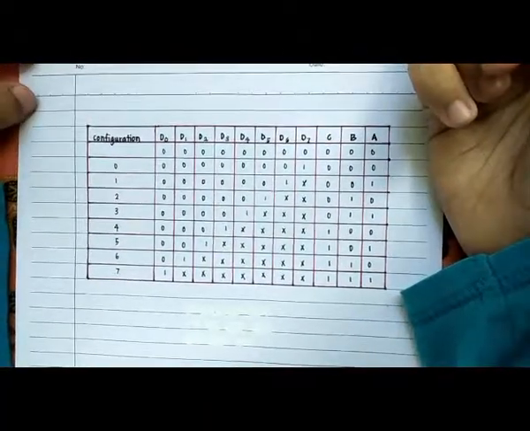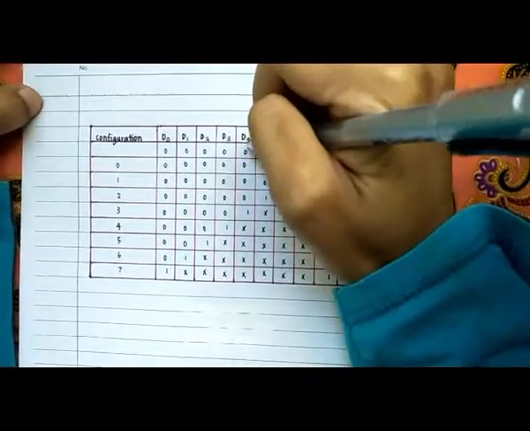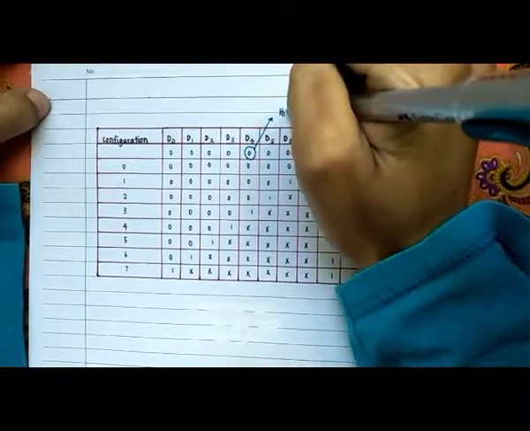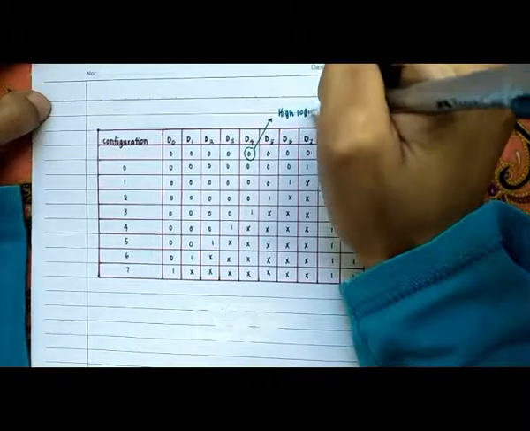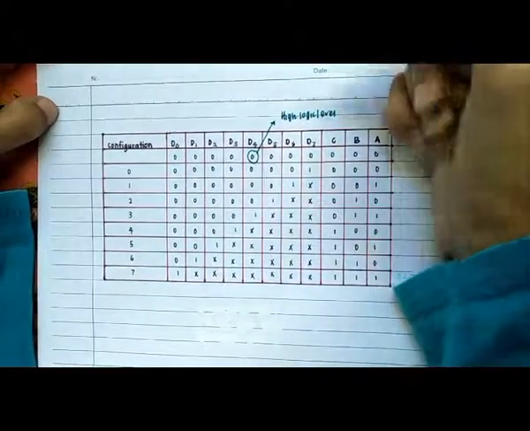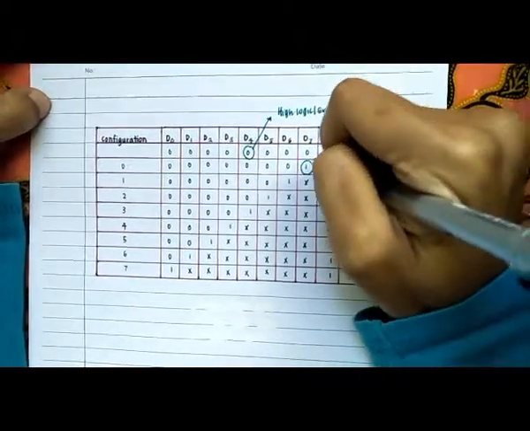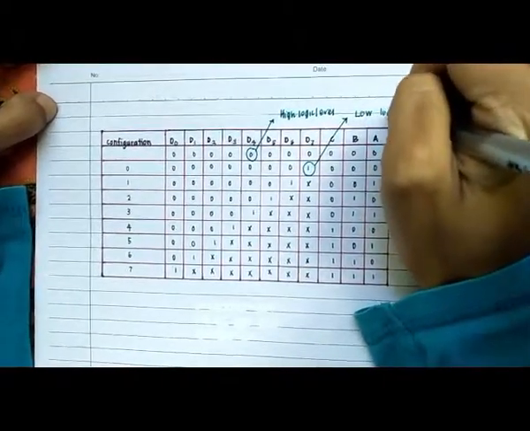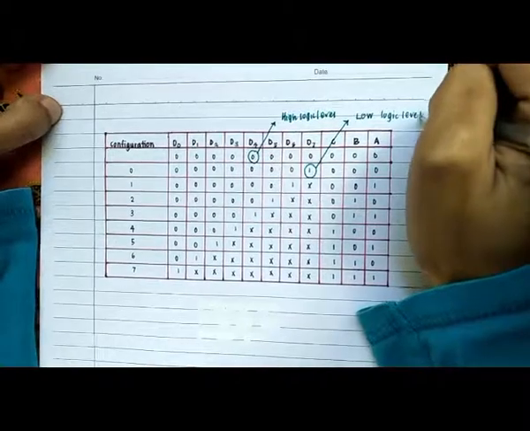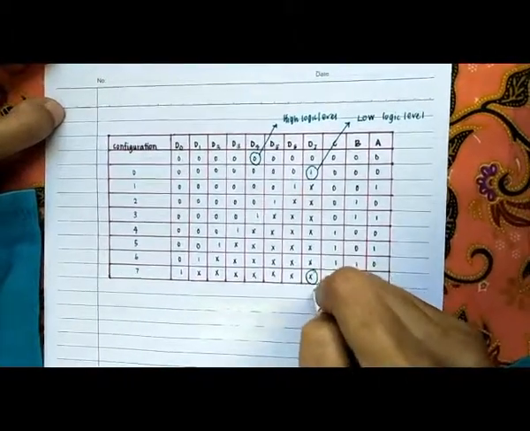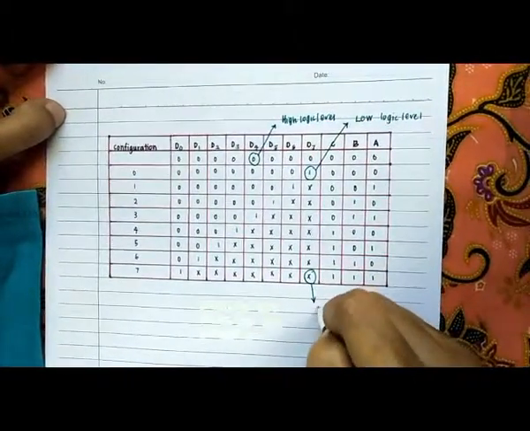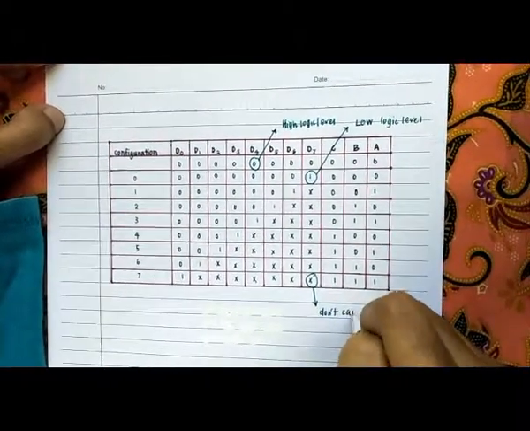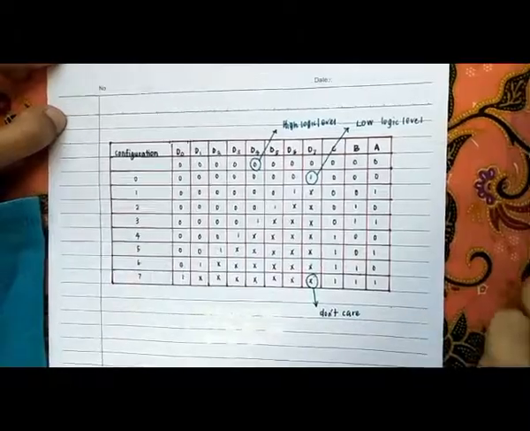In the truth table, 0 indicates a low logic level, 1 indicates a high logic level, and X represents that it doesn't matter whether it is high or low logic level.